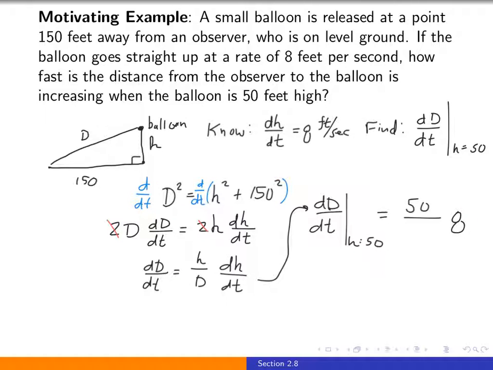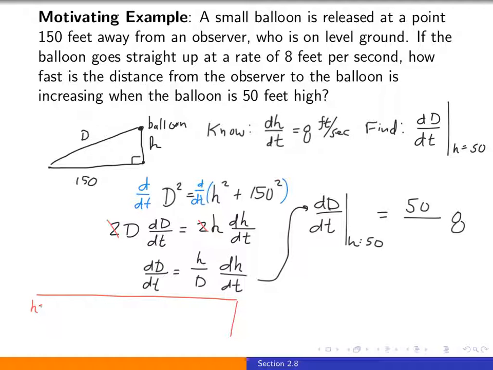But a common part of the problem is we're now going to have to find the value of D when h is 50. But if we go back and look at our relationship between h and D, the Pythagorean theorem, this is something that we can easily solve for. So let's do this as just a small side problem.